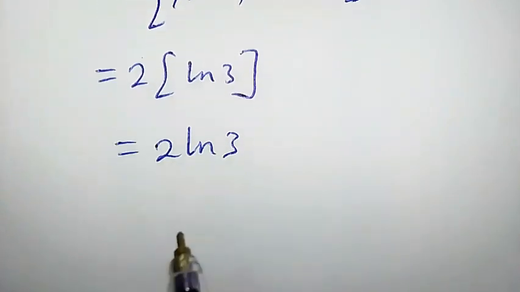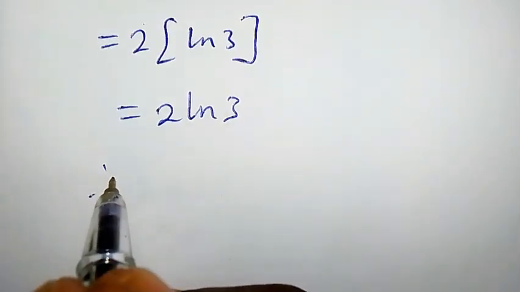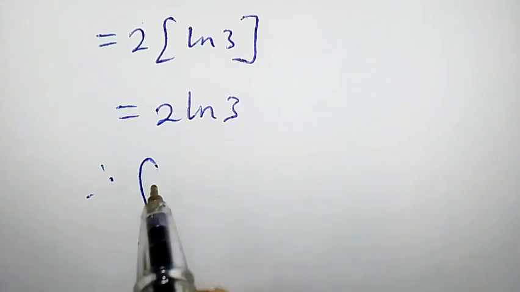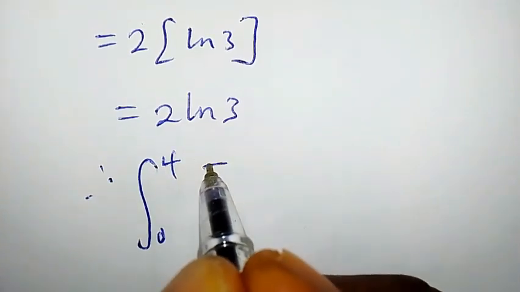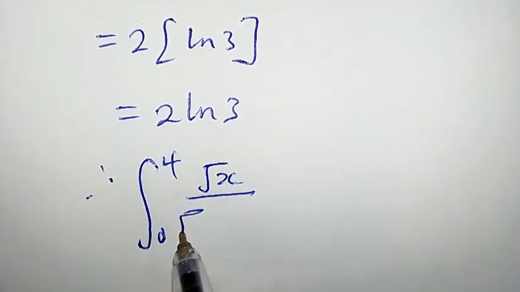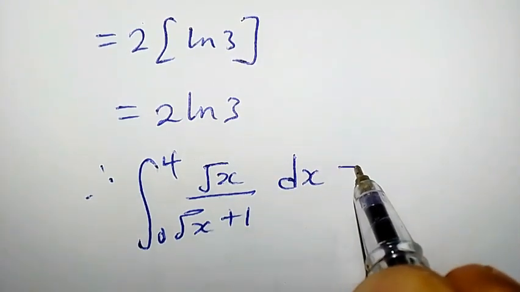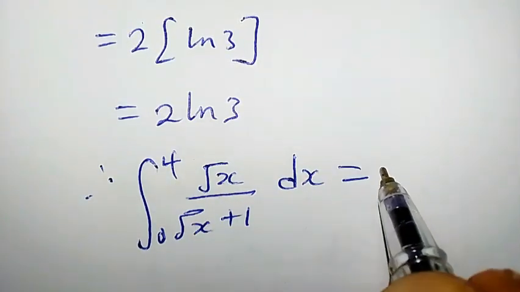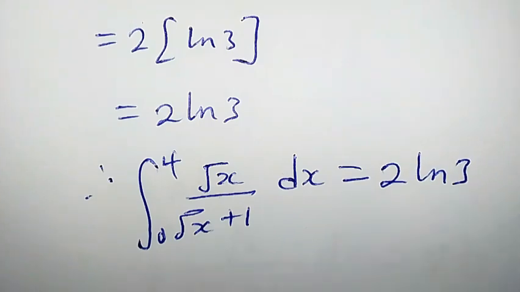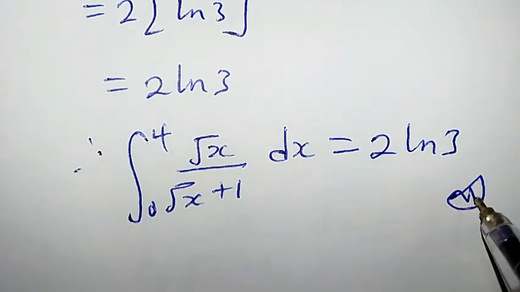We can now claim that, therefore, the integral from 0 to 4 of square root of x over square root of x plus 1 dx is equal to 2 times ln 3. This is the required solution. That's it. Thanks for watching.